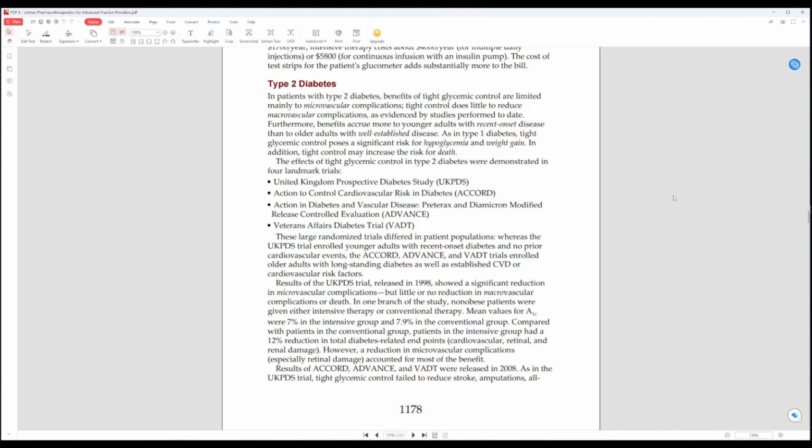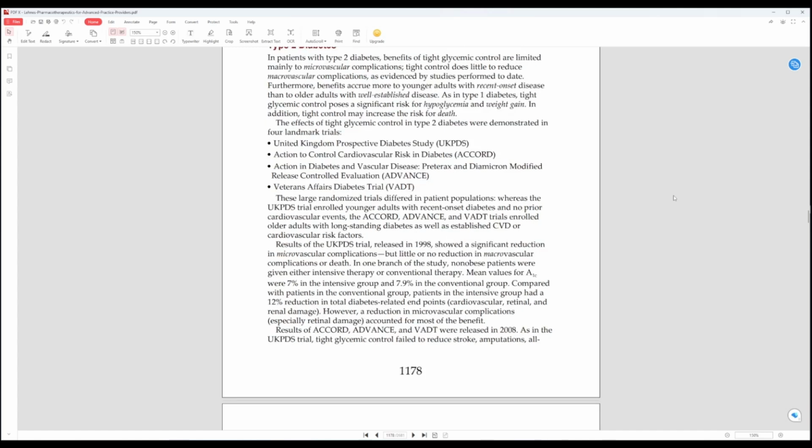The effects of tight glycemic control in type 2 diabetes were demonstrated in 4 landmark trials: the United Kingdom Prospective Diabetes Study, the Action to Control Cardiovascular Risk in Diabetes, Action in Diabetes and Vascular Disease, and the Veterans Affairs Diabetes Trial.